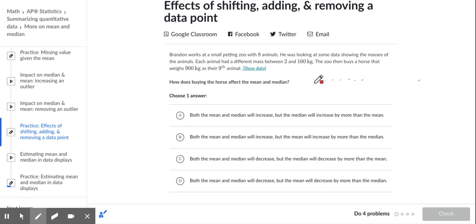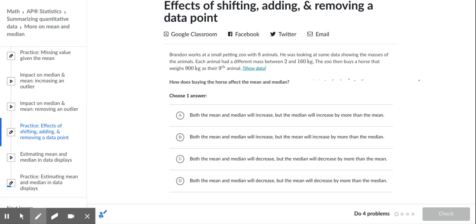So what was the median originally? So 1, 2, 3, 4. The median was the average of these two originally. It was the average of the fourth and the fifth because we had 8 data points and half of 8 is 4. But now with 9 data points, half of 9 is 4.5.